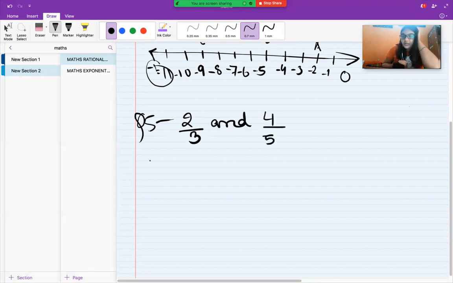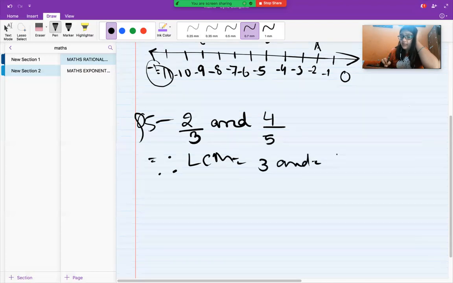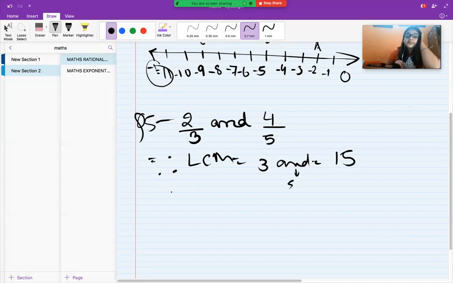Therefore, the LCM of 3 and 5 is 15. So we're just starting that. So 2 by 3 into 5 by 5 is 10 by 15.